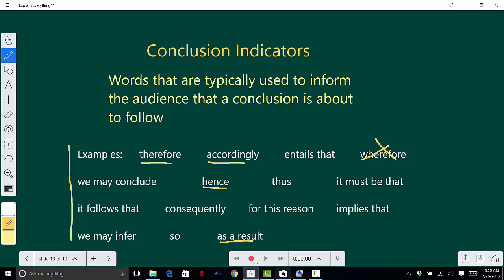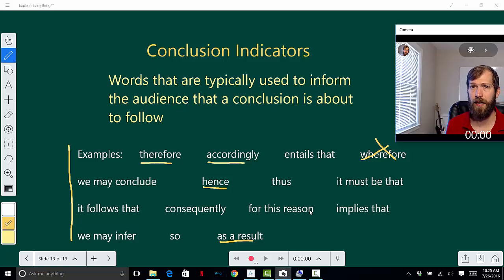And we can bring up that very same passage that we used with premise indicators and substitute out some of the words for these conclusion indicators. So take it's raining outside, therefore you should bring your umbrella. Or it's raining outside, accordingly you should bring your umbrella.